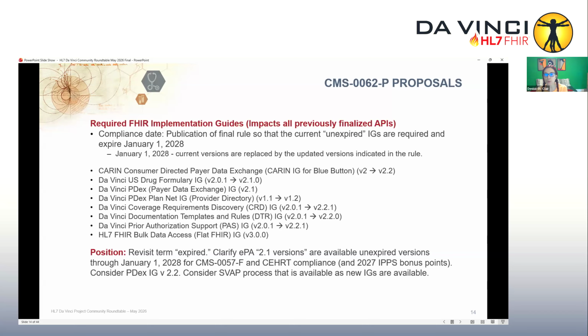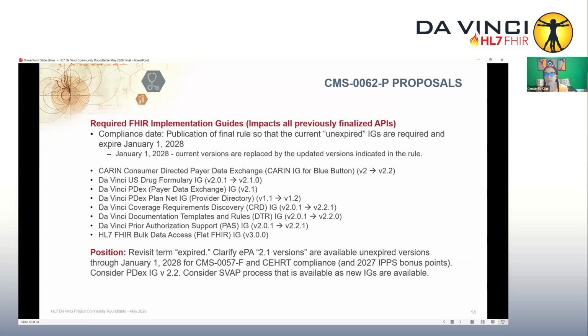Of course, the current rulemaking for certification for health IT for the prior authorization modules, which is voluntary at this time, does also call out the 2.0 versions of the prior authorization IGs.